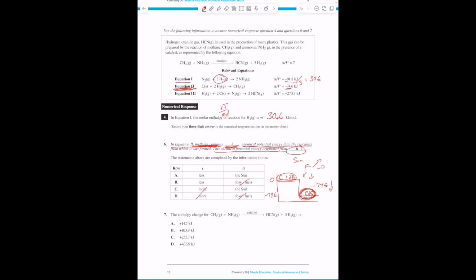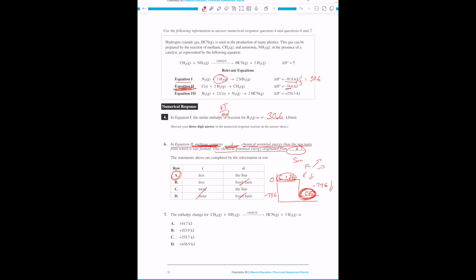Okay? I always think of it like a stick of dynamite too. Imagine a stick of dynamite. Now explode it. It gave off its energy. Whatever its products are have less energy than what it started with because it gave its energy away. Okay, so my answer then has to be A, less, and the sun.